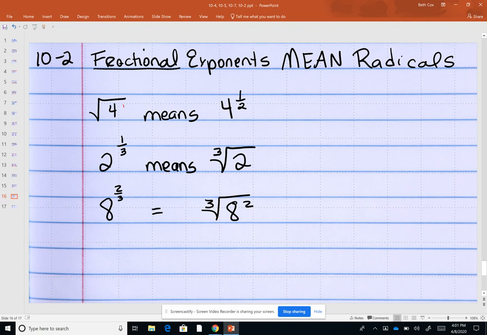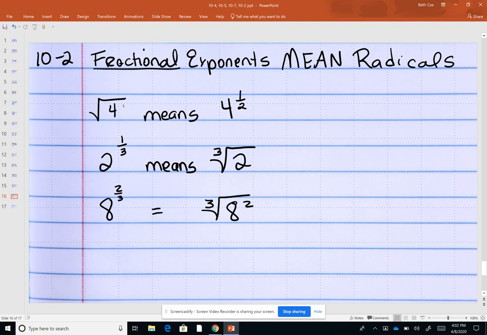Now, this is extremely helpful. You may not think of it that way, but radicals are not always user-friendly, and exponents are. If you recall, when we learned exponents, we had all kinds of exponent rules, and we were able to do a lot of things with exponents based on those rules.